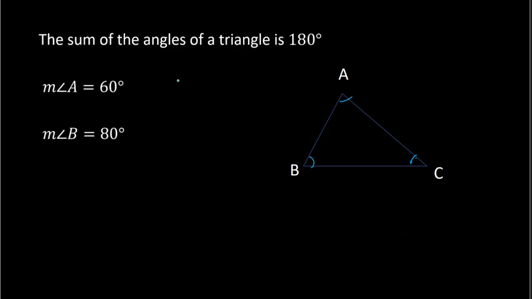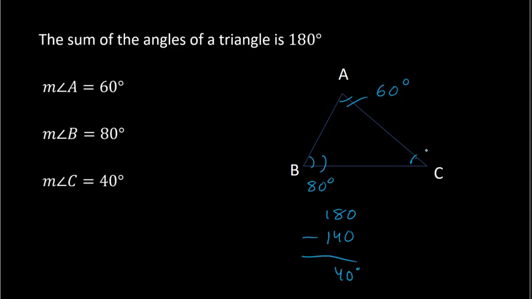For example, if the measure of angle A is 60 degrees, and the measure of angle B right here is 80 degrees, I know that this third angle, angle C, would have to add with 80 and 60 to get 180. Well, 80 plus 60 is 140, and if there's 180 degrees in a triangle, we can find angle C by taking 180 minus 140, and that gives me 40 degrees. So angle C right here would have to be 40 degrees.